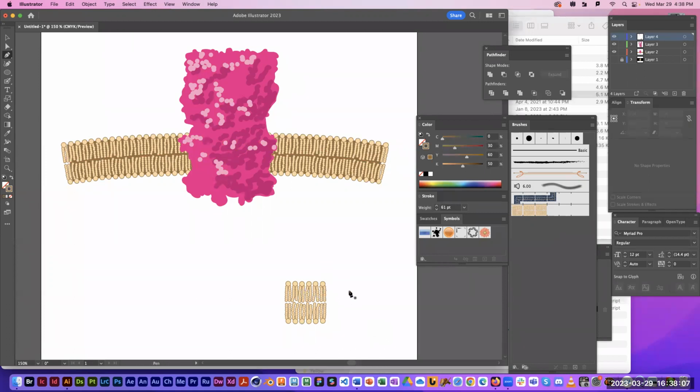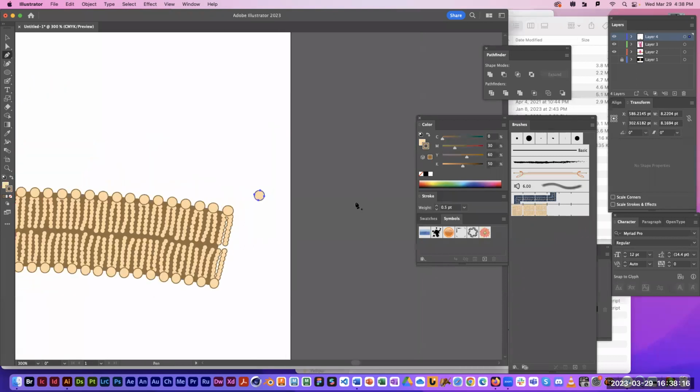lipid bilayer. And then I could take these balls and, let's see, maybe I will try to make it look like it's fading. I haven't put a background color in here yet, but I'm just going to imagine that I'm going to use that same blue.